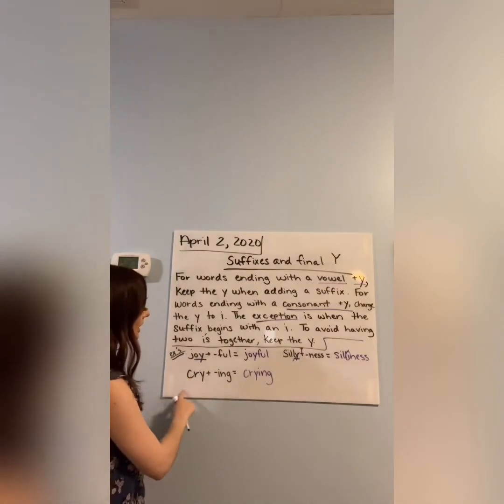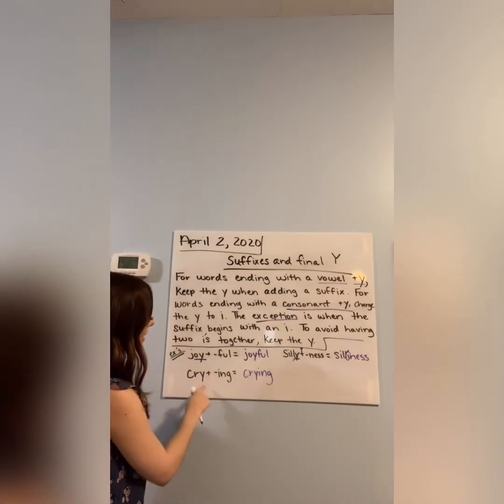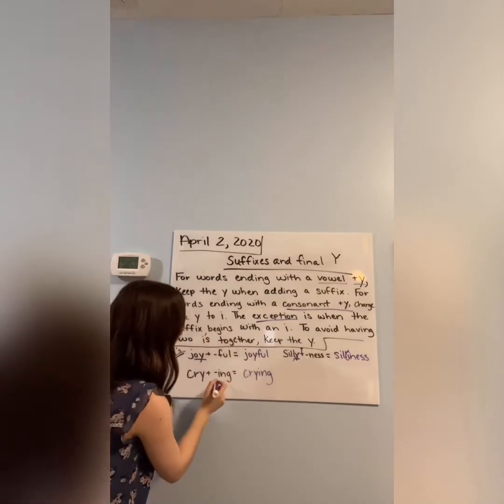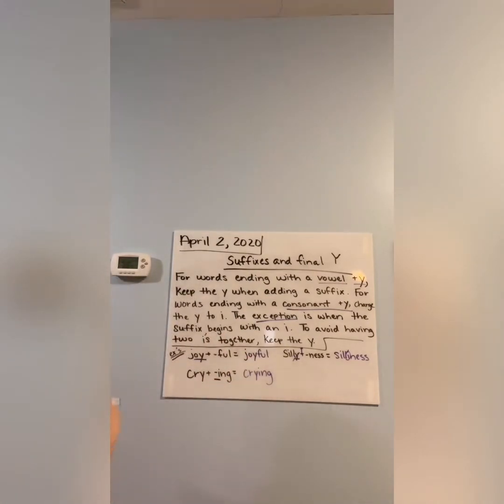So if we look at this example, cry, our suffix is ing. Whenever we have a suffix beginning with an I, we have to avoid having two I's together.